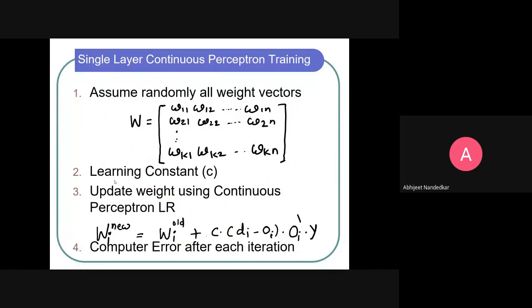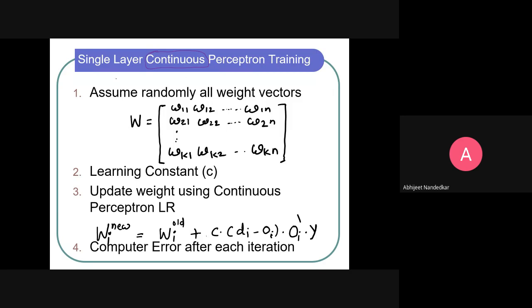Now there is a small thing that you should remember. What we saw was the binary neuron, that is plus or minus kind of thing. Now instead of that, suppose I use a continuous activation function like tanh function or logistic function, then we call this network single layer continuous perceptron training.